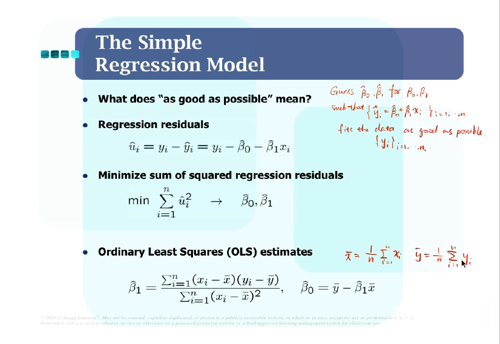Okay, so this gives us the estimate of beta 1, and this gives us the estimate of beta 0. And from this procedure, it justifies its name, right? Ordinary least squares. So it's squared, and we minimize it. So it's called the ordinary least squares method, or OLS estimates. Okay.